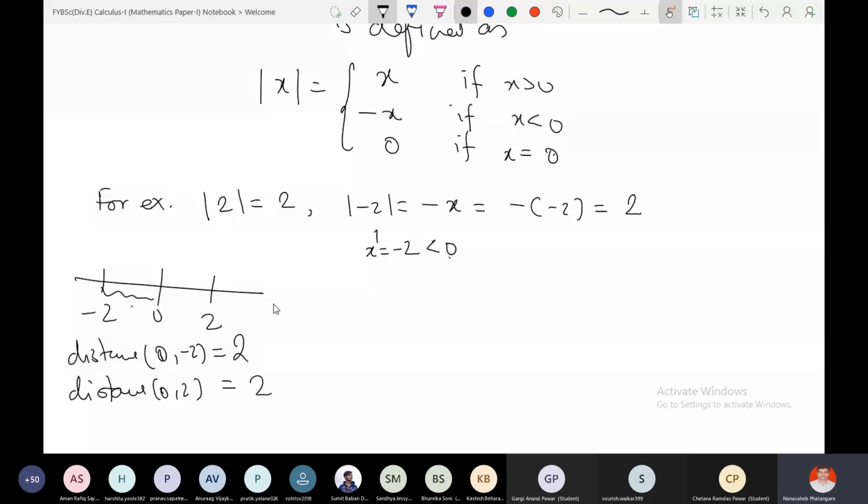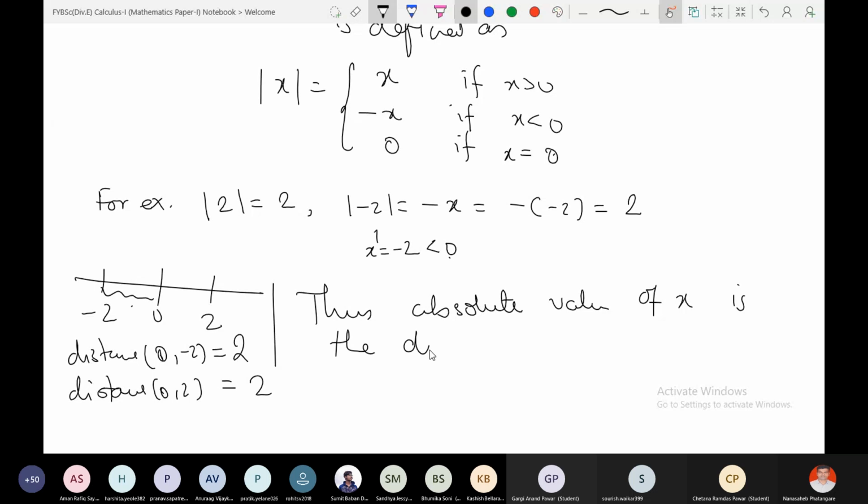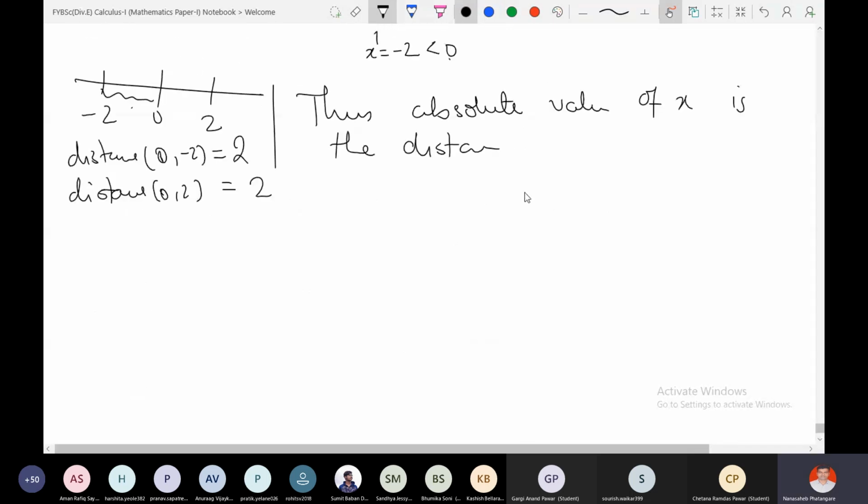So what it suggests geometrically is that the absolute value of x is the distance of the number x from 0.